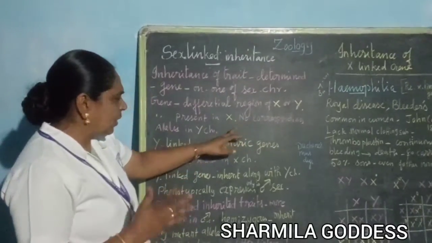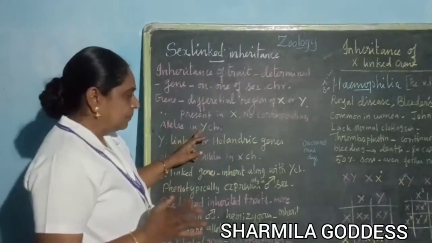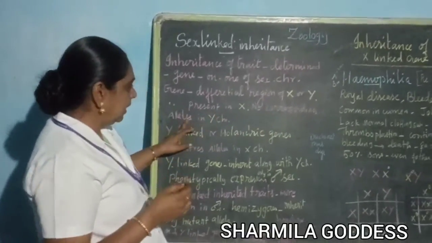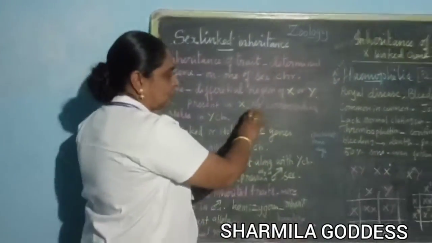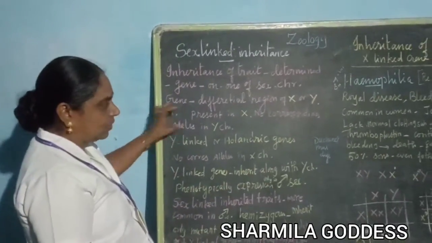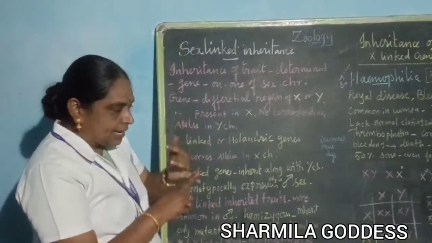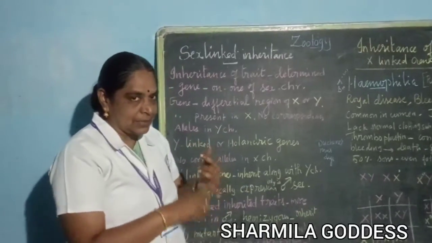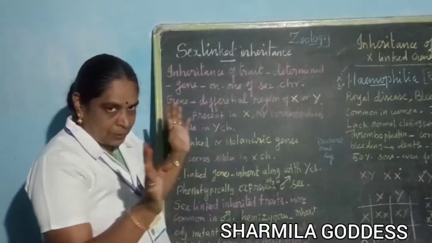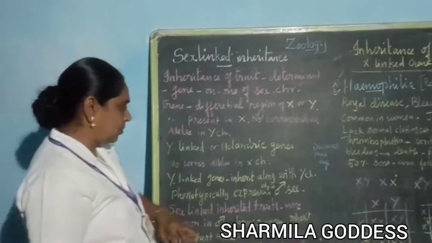Here there are no corresponding alleles in the Y chromosome. This is a very important point. An X-linked gene is present in the differential region of the X chromosome, and it has no corresponding allele in the Y chromosome.